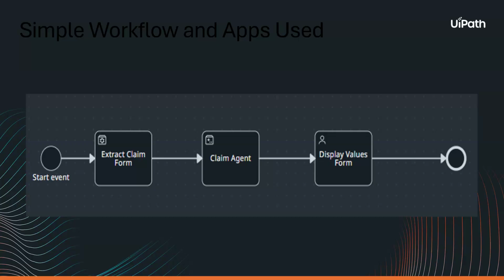And we'll be providing that output as an input to an agent. And once the agent receives that input, which is extracted data from the input file, it will process it against the storage bucket, which we will be creating as an index within Orchestrator. And in the end, we'll be combining all these details and the explanation from the agent on why it took that decision, and then we'll be passing it to the user through Action Center so that he can take an action. This is what we are trying to do within the whole scenario of this use case.